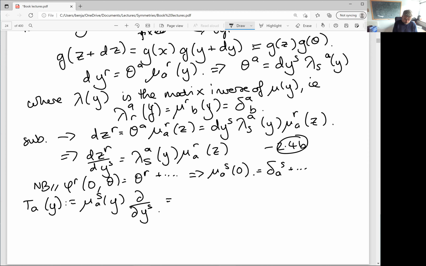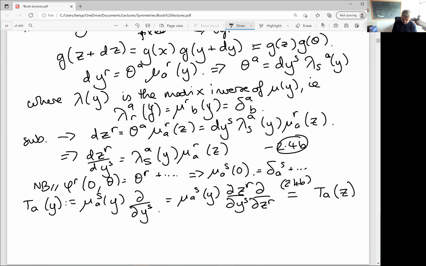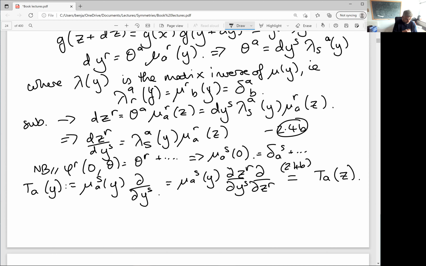So this is equal to the matrix dz^r/dy^s times d/dz^r. And by 2.4b, this is equal to T_a(z). So we just substitute 2.4b in for this middle factor, and we get T_a(z).